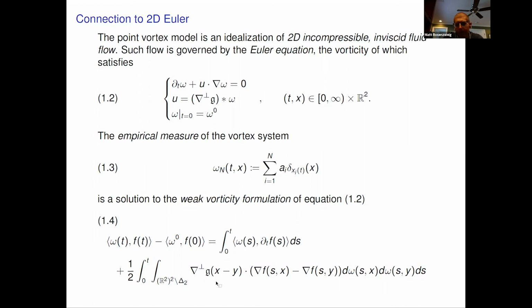You can think of this as a renormalization of the nonlinearity, where the renormalization is done by excluding the diagonal. And this is well defined for point masses if you substitute in here. It's just because you're avoiding the diagonal. I think this formulation originates in a paper of Delort, if I'm not mistaken.